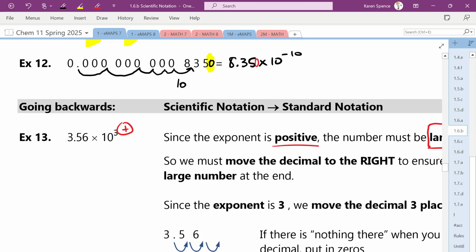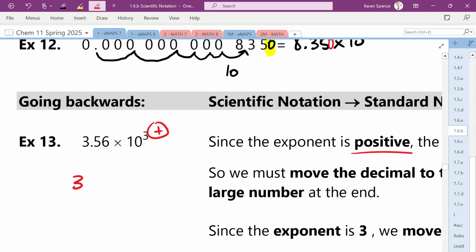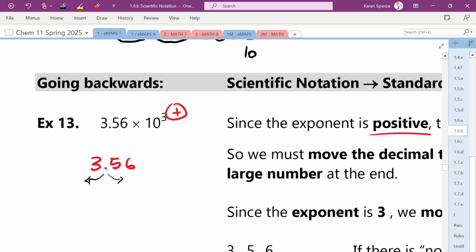Okay, so we're going to look at this and we're going to say, if I want to make 3.56 larger, do I move my decimal place to the right? Or do I move my decimal place to the left? Which one will make it larger? Moving it to the right. So it's positive 3. So we're going to move it how many places? 3 decimal places.